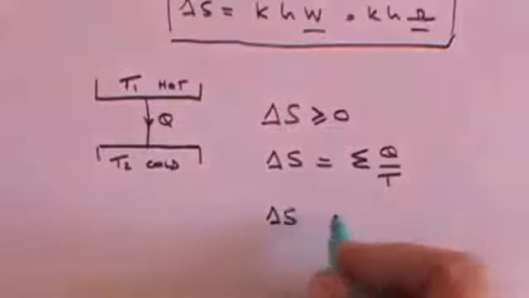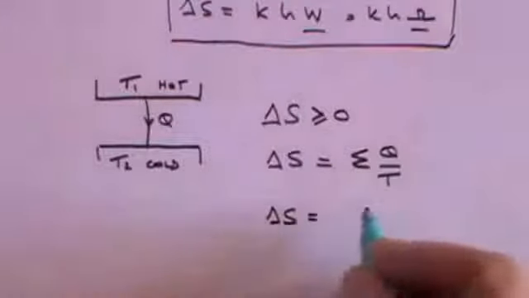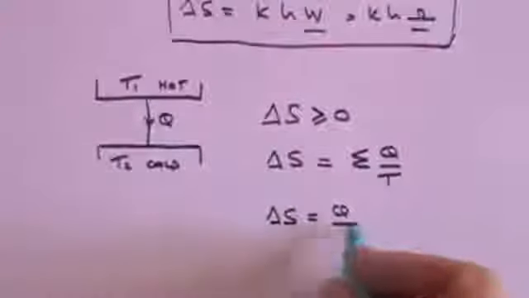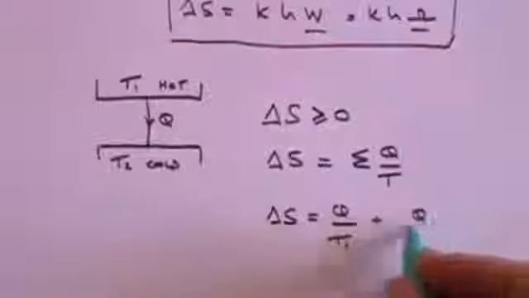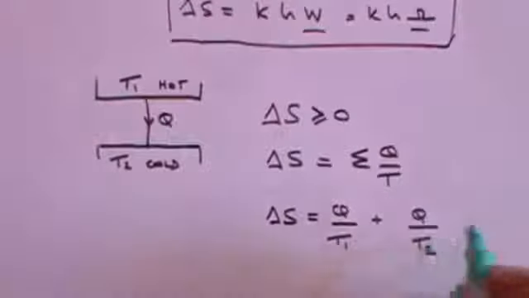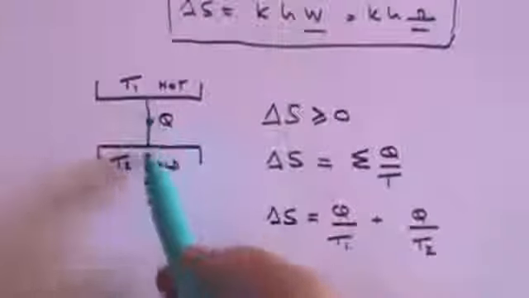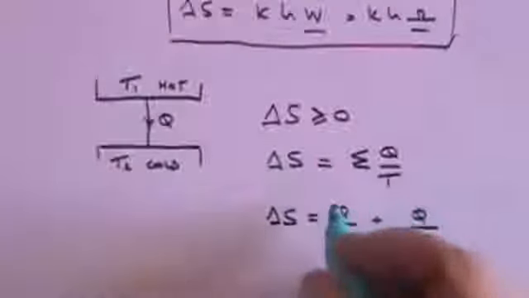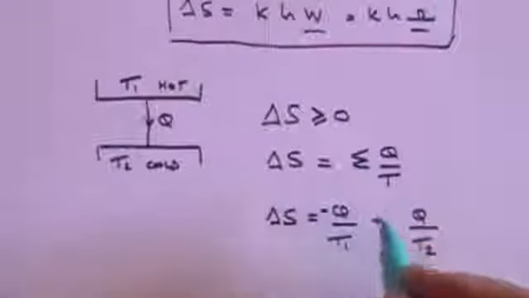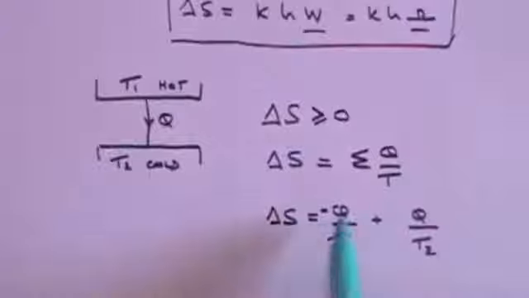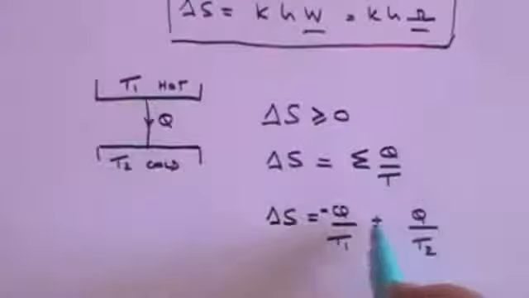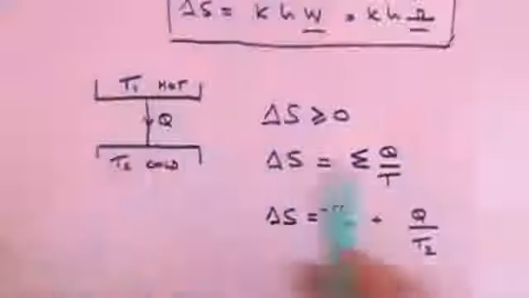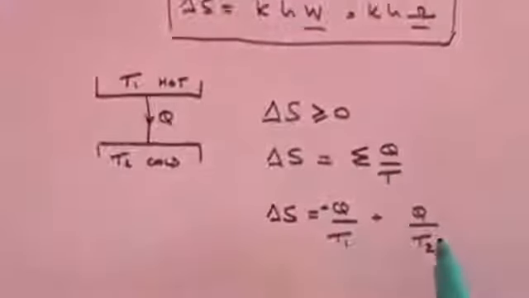So the total change of entropy is going to be equal to Q coming out over T1 plus Q going in over T2. But remember, this is coming out, this is going in. So if it's coming out, you have to make it a minus sign. So delta S is minus Q over T1 to show that the heat's coming out, plus Q over T2 to show that heat's going in.